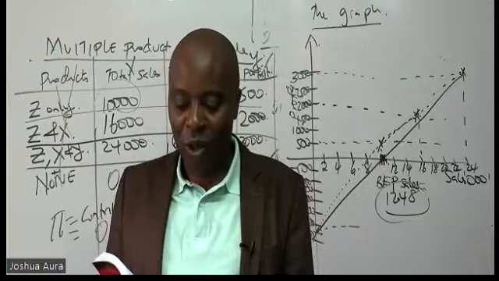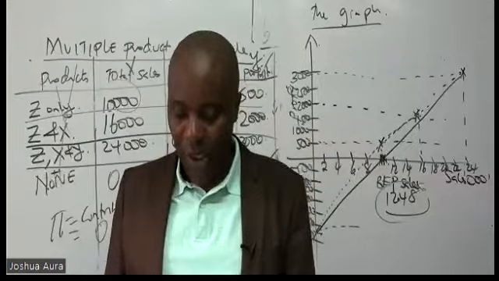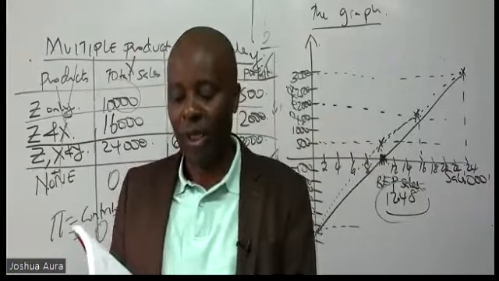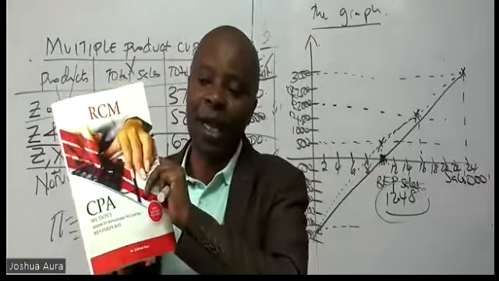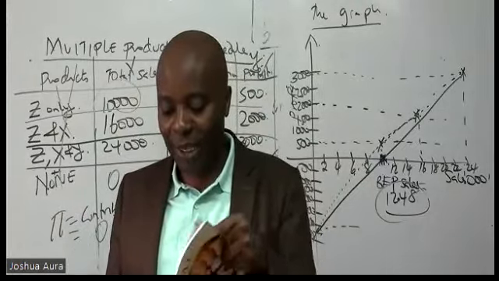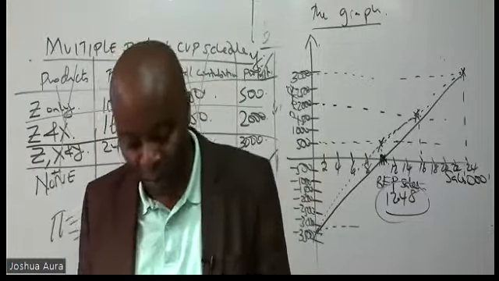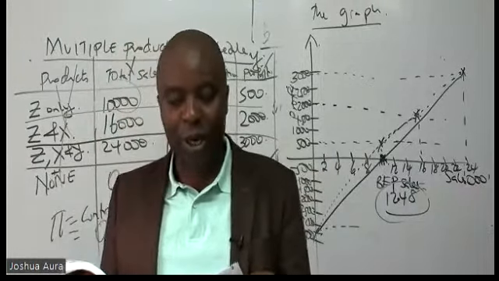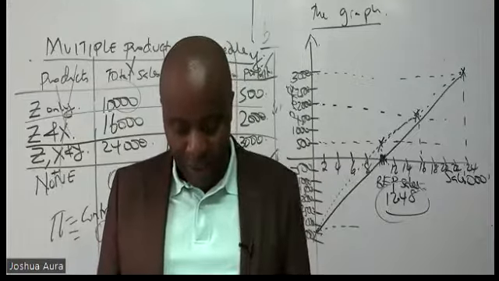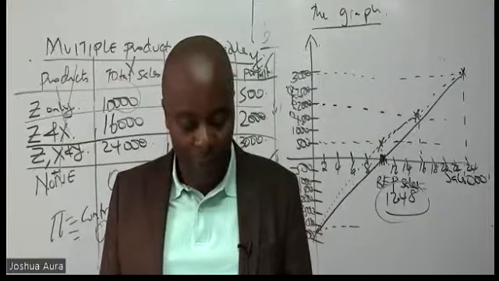So please don't ignore this. Ensure that you are able to do the whole question. And I've already given you the solution in this particular book. Perhaps what we could do for this class is just to mention a little bit. We are told Bob Limited manufactures 2 products, namely A and B. The following budget has been prepared for the year ending 30th June 2014.